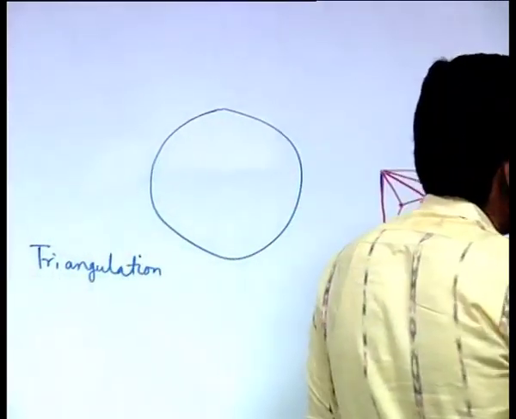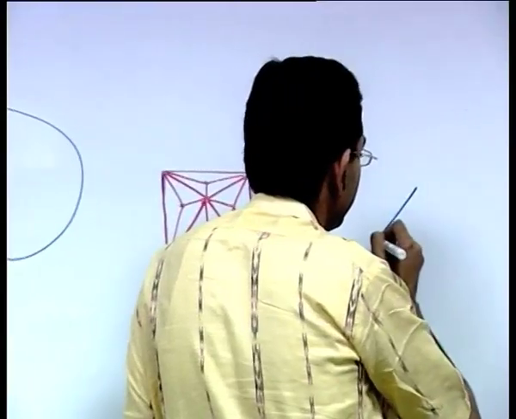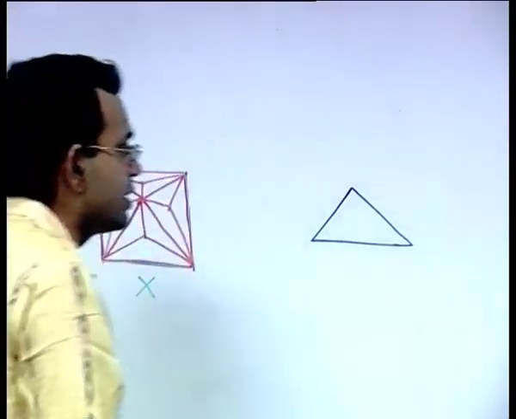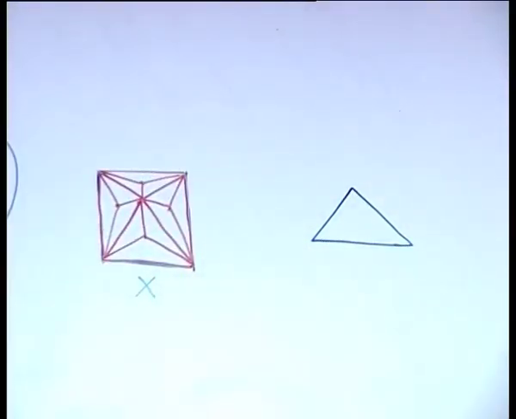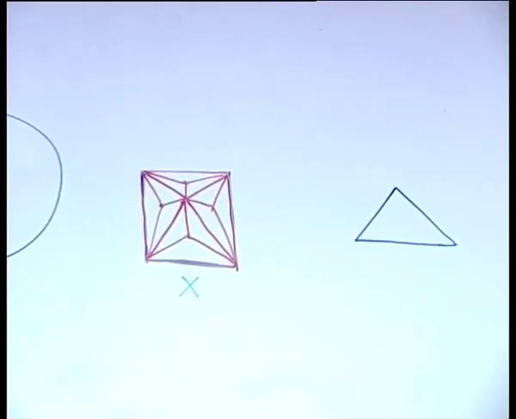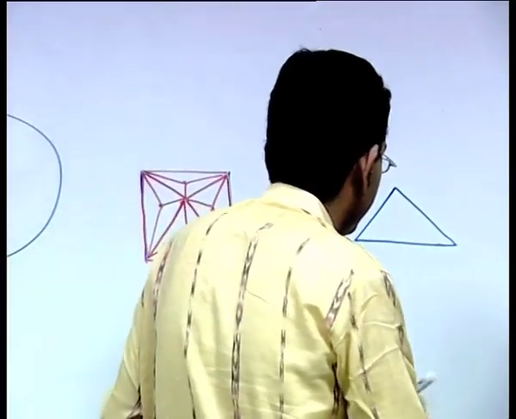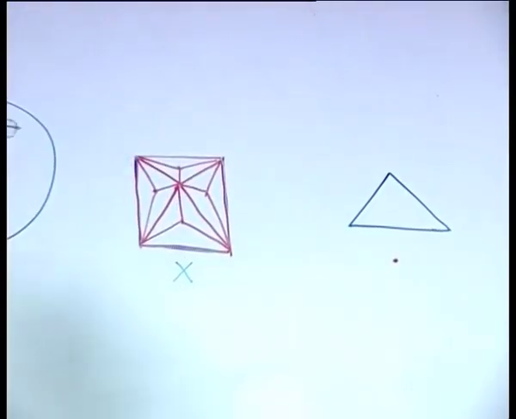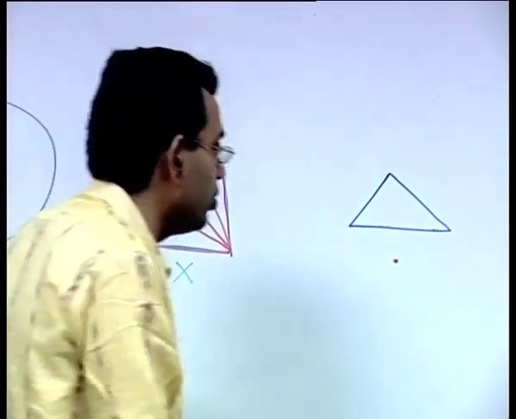So, let us say that you already have a triangle like this, which you assume is a good quality triangle. Your next objective is to insert a point so that you can generate a new triangle.